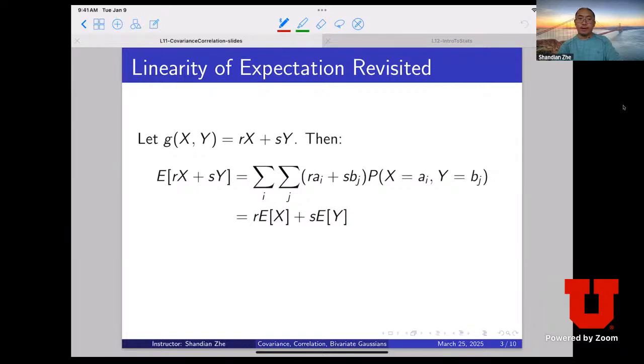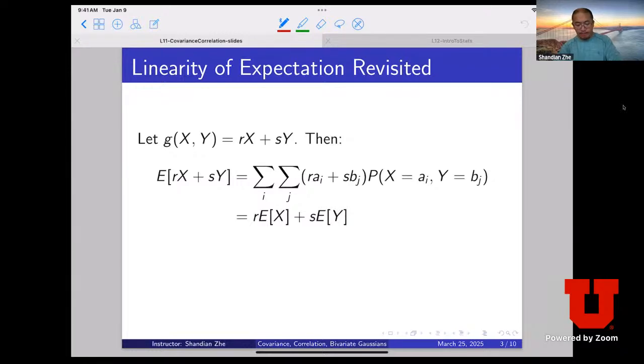Okay, great. So let us continue with the definition we discussed at the end of last lecture. In the last lecture, we first revisited the property called linearity of expectation. What does it mean?